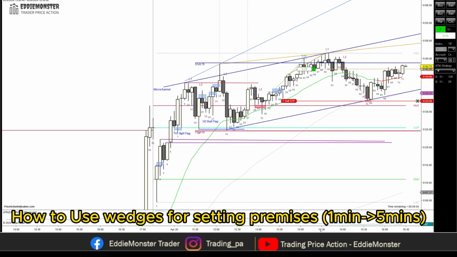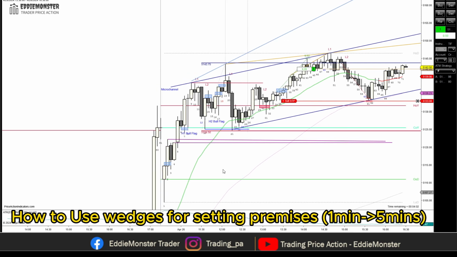What we could have here is that we are in a spike and channel, so good channel here. So we have this golden line here, and then we can go to this as a target. We have a micro gap in the daily chart in 5150.